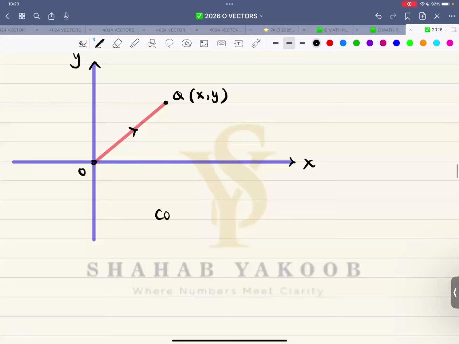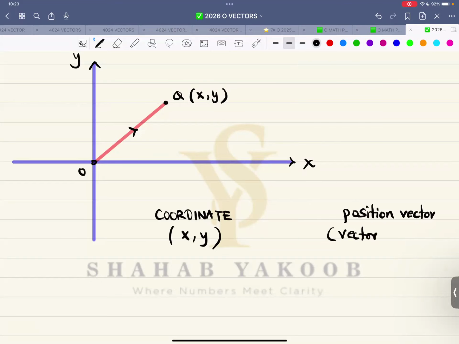The coordinate of Q is written as x comma y, and it can be written as a position vector. It means vector with respect to origin.